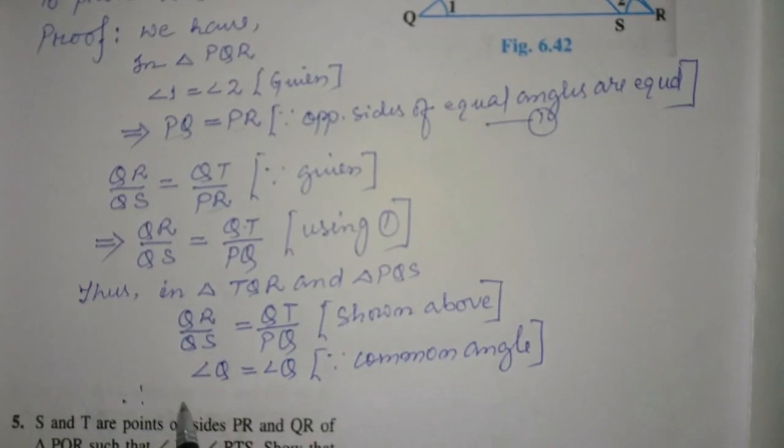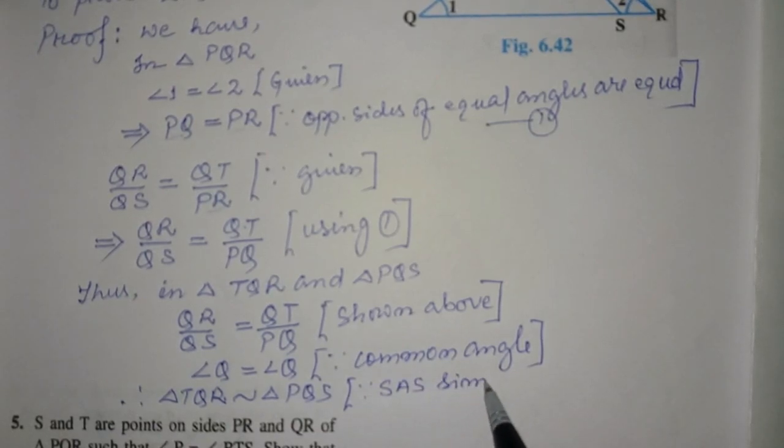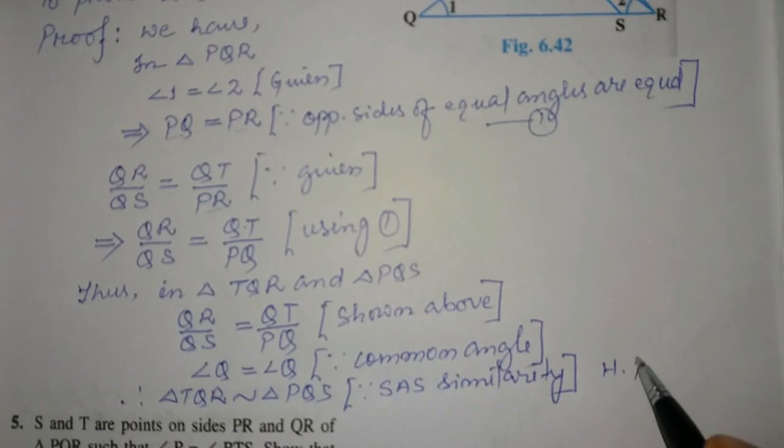Therefore triangle TQR is similar to triangle PQS by SAS similarity. So this is the proof, hence proved.